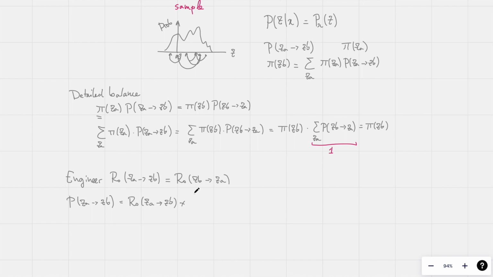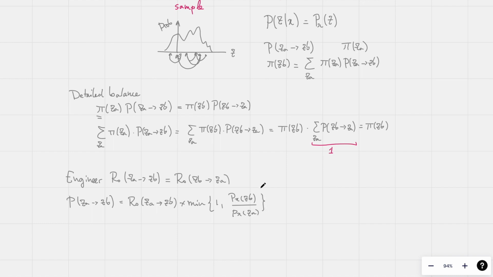So we're going to say that this probability is going to be the minimum of either 1 or px of zb, so that is the posterior probability at the arrival point, divided by px of za, the posterior probability at the starting point.